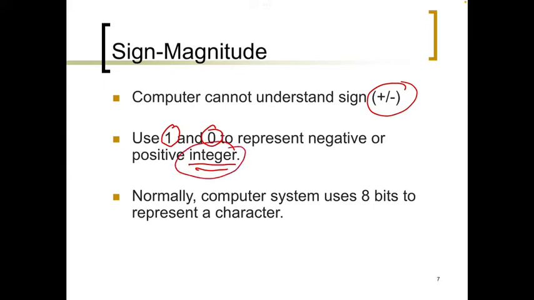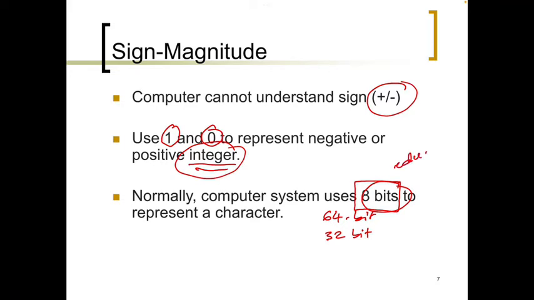As you know also, computer systems use 8 bits. This is not correct right now. For example, right now our Windows uses 64 bits. Before this we had 32 bits. But we use 8 bits for education purposes.